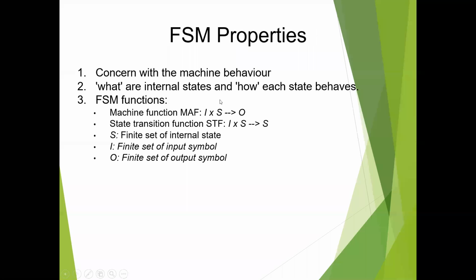So all these states which you will be specifying in MF and STF will come from this capital S. Then whatever input you are giving to any function or to any state, those symbols will come from I, and the output which your functions will produce will be from this set O.